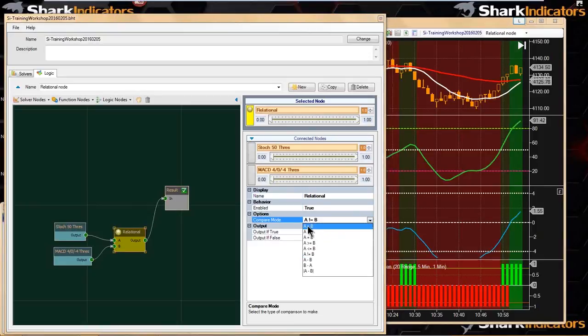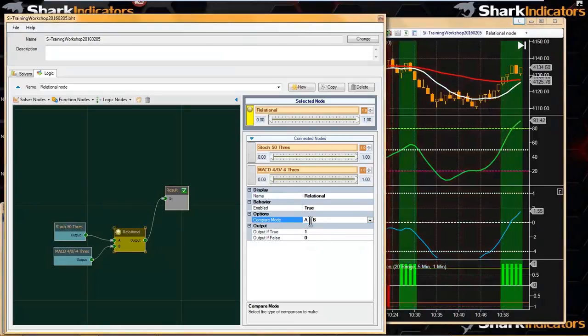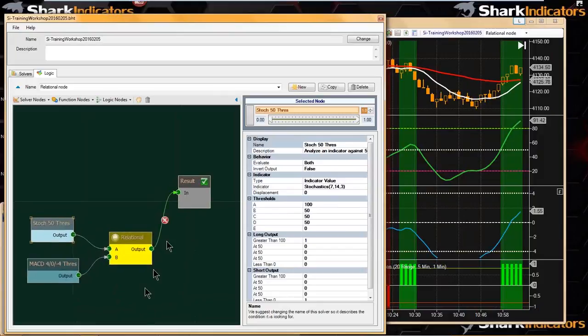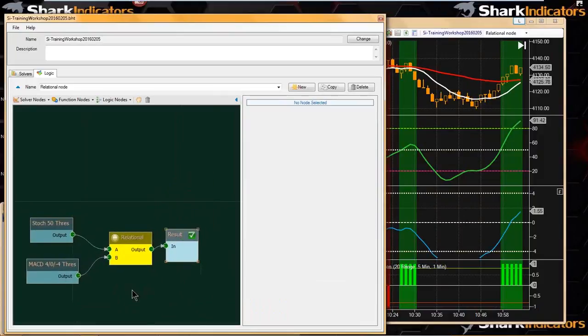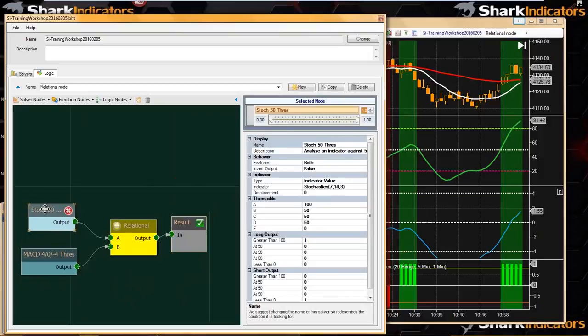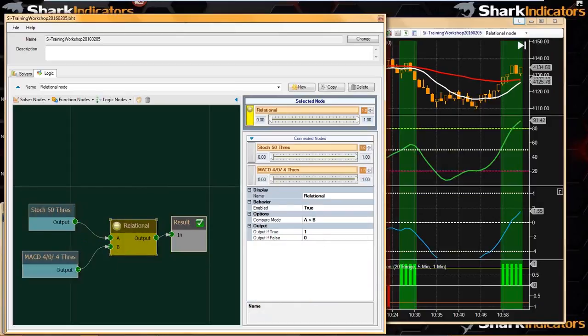Let's check to see when A is greater than B. A, remember, is the stochastic here. Let me zoom in. The stochastic solver is connected to A, and the MACD is connected to B. So what we're doing is checking to see if the stochastic solver is greater than the MACD solver.